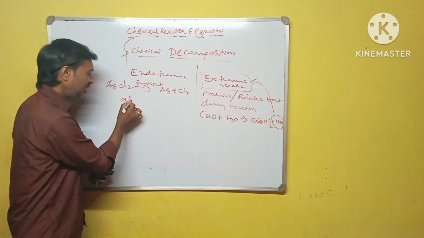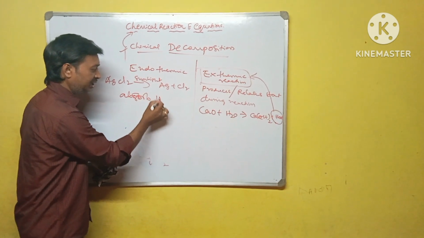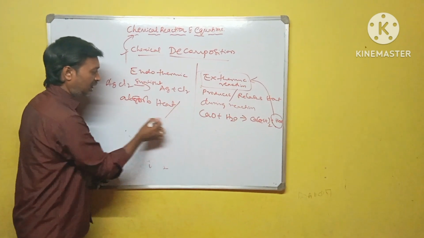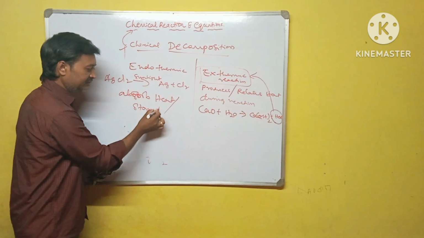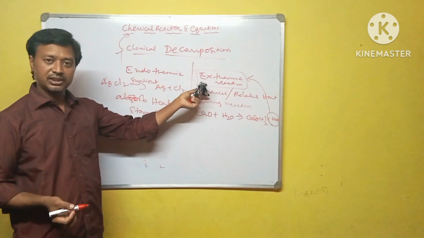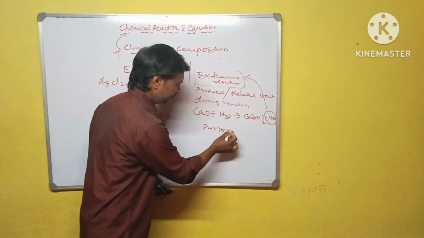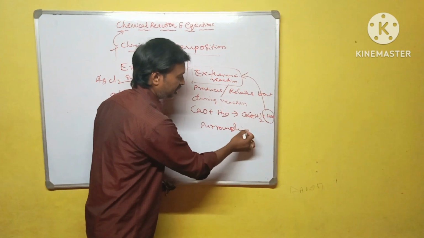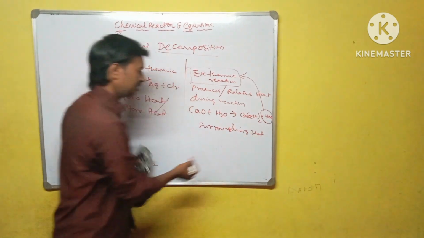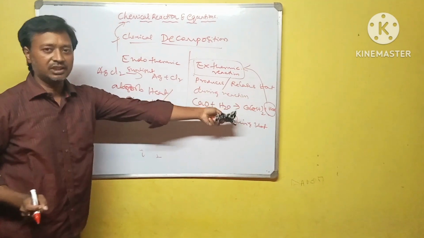In exothermic, the surrounding becomes hot. Here the surrounding gets cool because the reaction absorbs the heat.